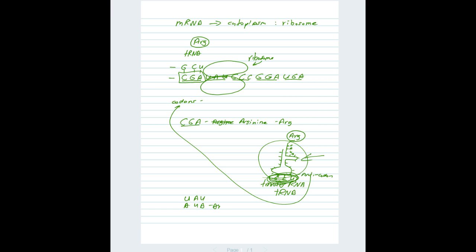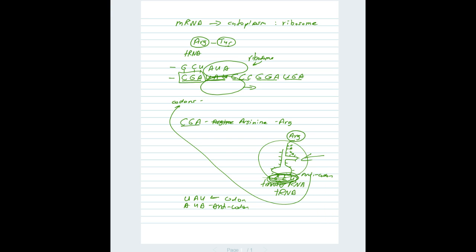So imagine this anticodon bonding with this codon. So up here is the codon. This anticodon, AUA, which is part of the transfer RNA, is going to transfer in an amino acid called tyrosine.